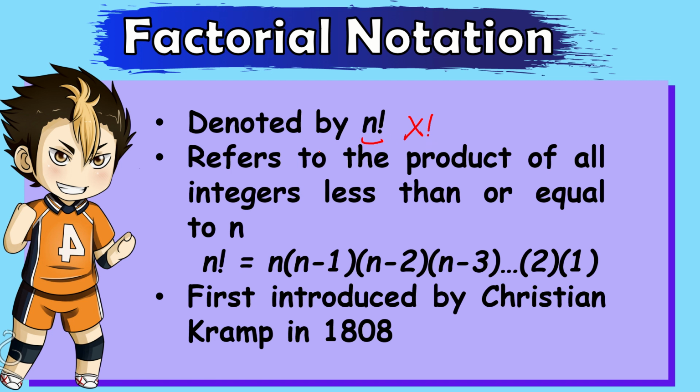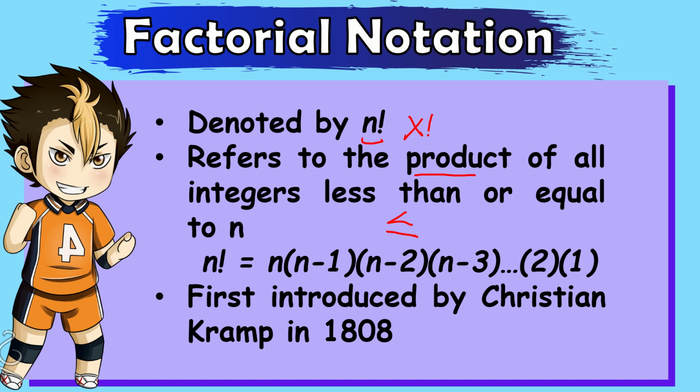Okay? The factorial notation refers to the product of all integers less than or equal to n. So sabi niya, di ba si n factorial is equal to n times n minus 1 times n minus 2 times n minus 3 and so on and so forth hanggang makarating siya sa times 1.